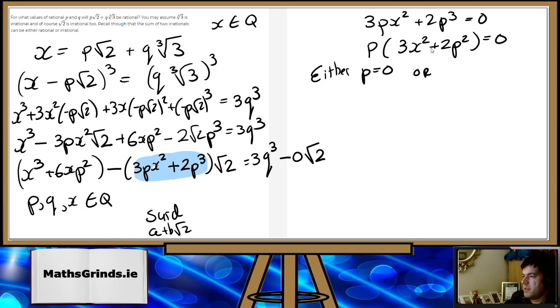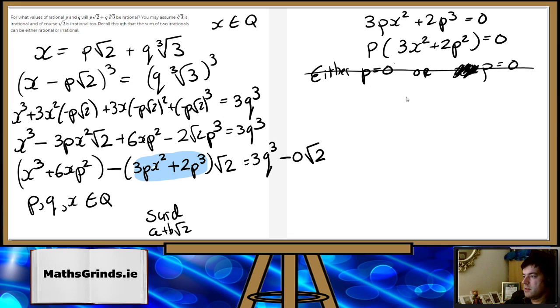And the only way that could be 0 is if both of these were 0. But of course, the moment you say p is 0, then you'll get a total of 0 anyway. So it doesn't really matter about the x being 0 at this point. We know that p then has to be 0, really.